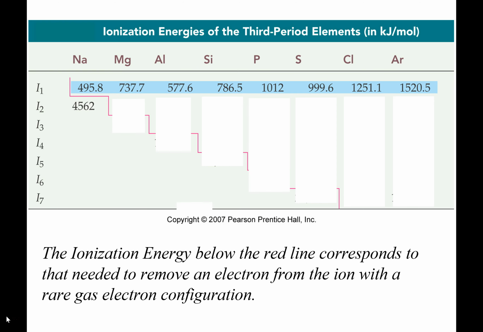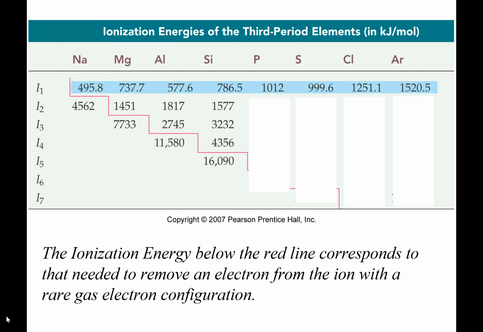So I mentioned the tipping point. The tipping point for sodium would be between its first and its second ionization energy because it's totally cool when it's a +1 cation. Magnesium, we saw something like this, the tipping point. Aluminum, the tipping point comes down here. Silicon. Now, when we go over to phosphorus, sulfur, chlorine, and argon, recognize that ionization energy is a weird thing for them because they don't want to lose any electrons.